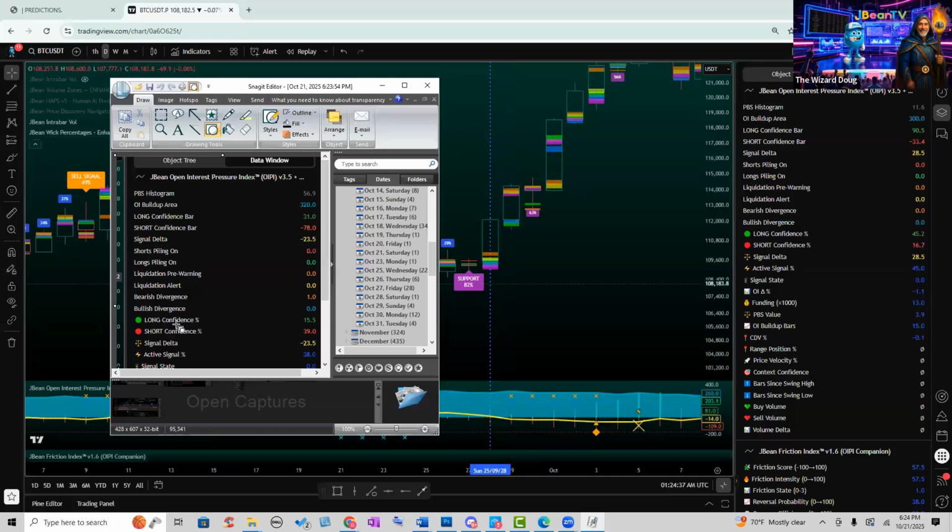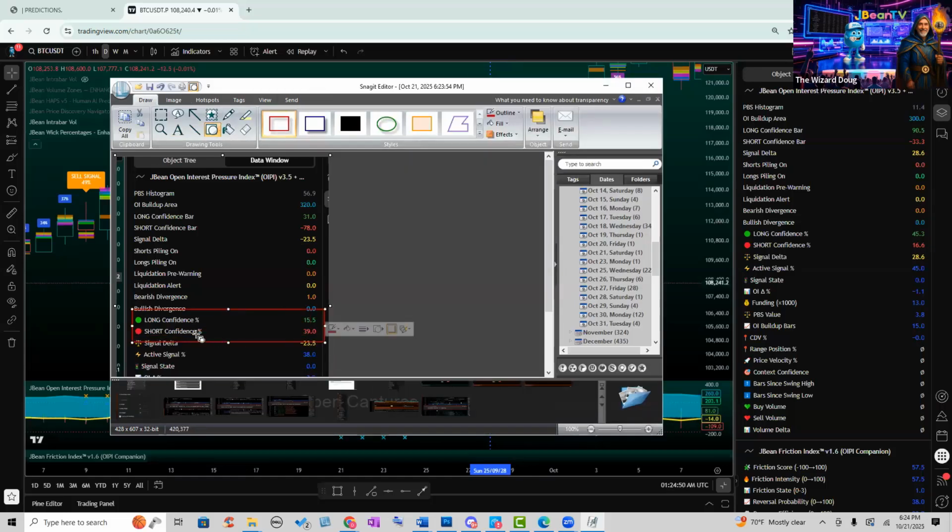It's also telling you down here, look at this. Long confidence, 15. Short confidence, 39. The signal delta is a negative 23.